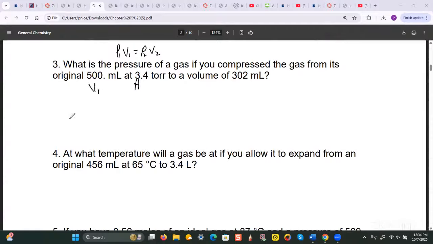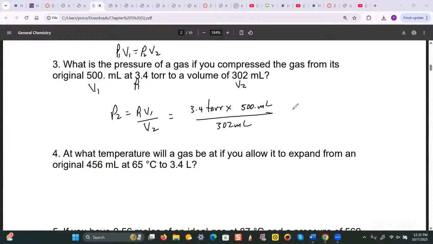And what would be V2? And the question is asking for P2, right? So we have to rearrange this equation to get P2 is equal to P1 V1 over V2. So we just put the numbers in. P1 is 3.4 times V1, which is 500 mL, all divided by V2, which is 302 mL.